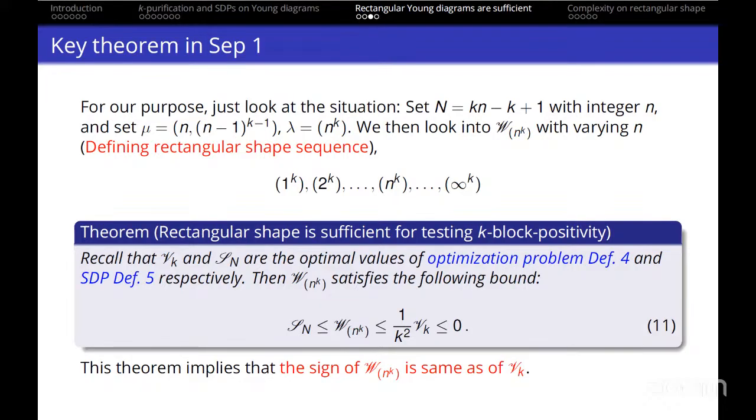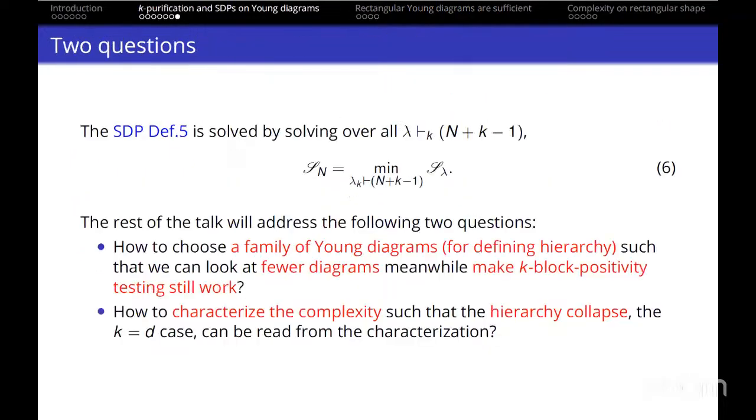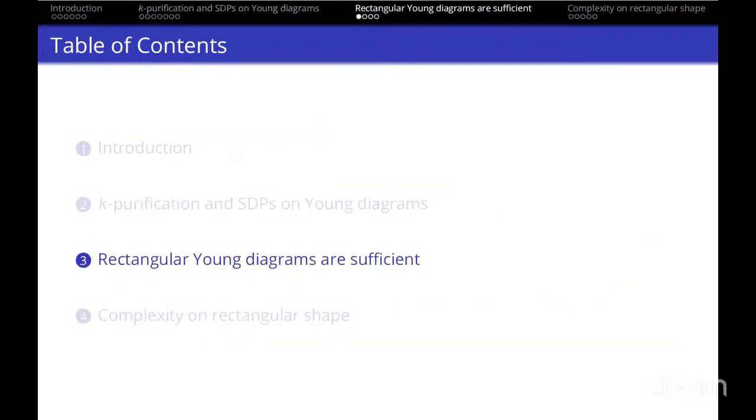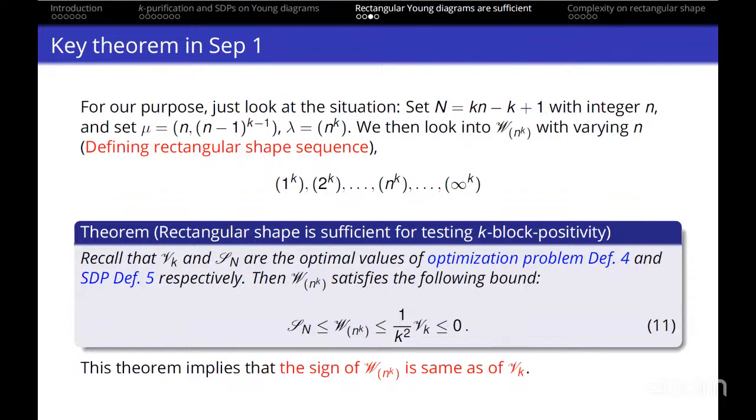W is evaluated in a special block, a rectangular block. Because this is an SDP, this one must be the minimum value over all blocks, so it should be smaller than this one.